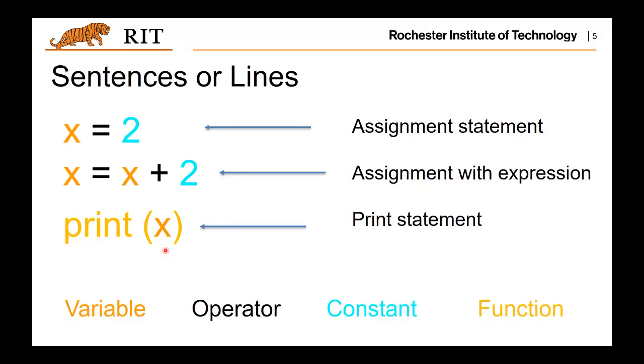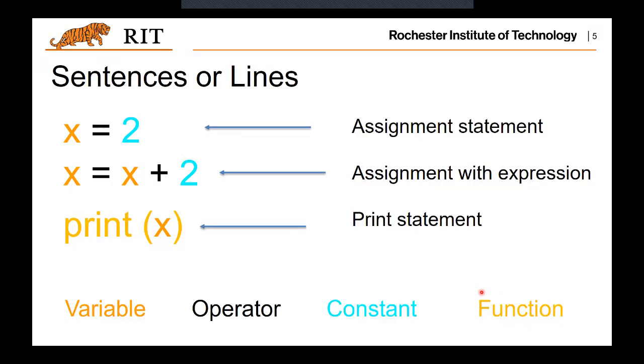Also, the different colors give you some idea about the different elements in a set of code. The orange represents a variable, black means the operator, light blue is the constant values, and yellow is a function.